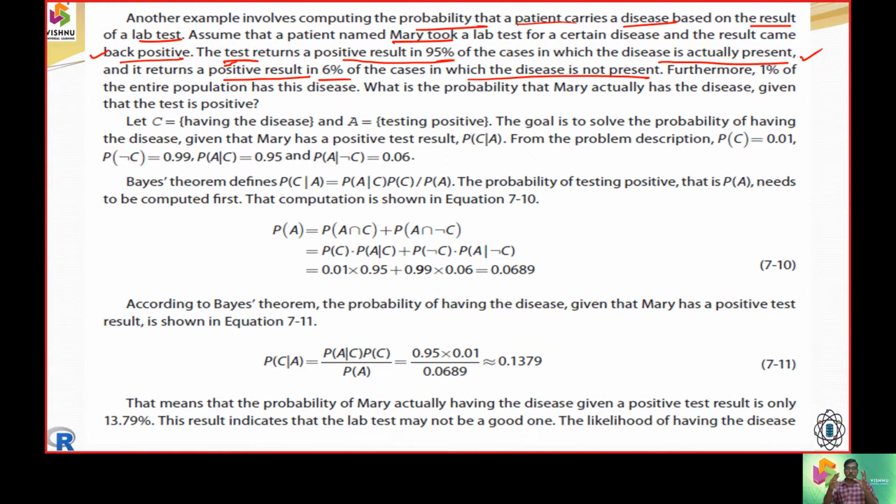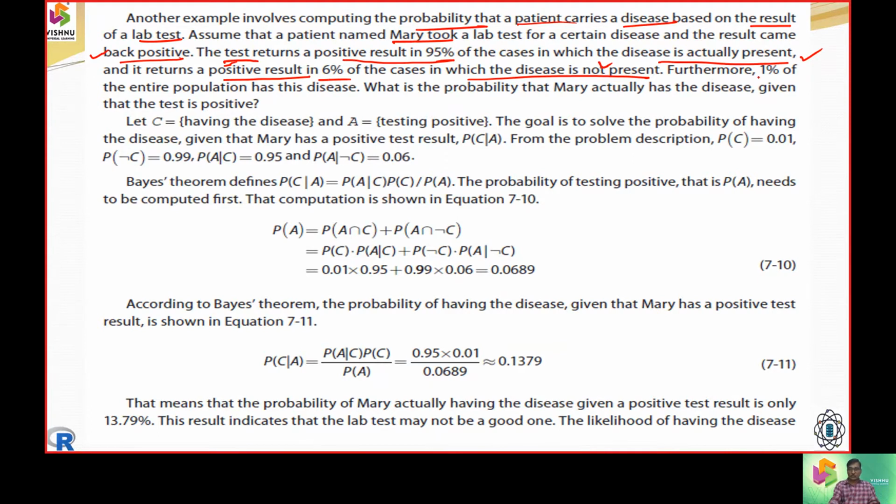But there are also cases where the disease is not present, yet due to some problem in the machine or its computation there is a misclassification, and it gives a positive result. The chance of that was only 6%.